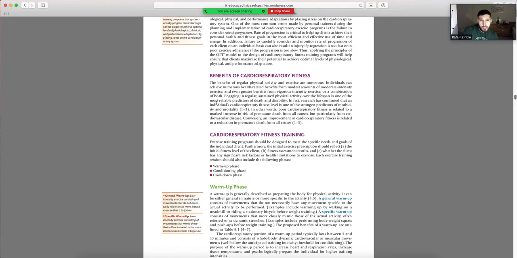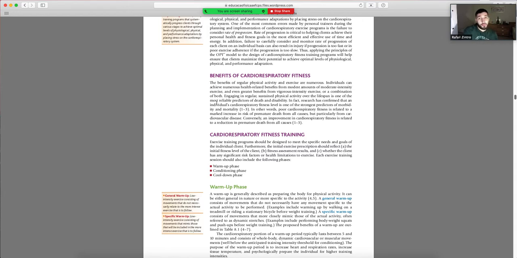In fact, research has confirmed that an individual's cardiorespiratory fitness level is one of the strongest predictors of morbidity and mortality. Wow. In other words, poor respiratory fitness is related to a marked increase in risk of premature death from all causes, but particularly from cardiovascular disease. Conversely, an improvement in cardiorespiratory fitness is related to a reduction in premature death from all causes.